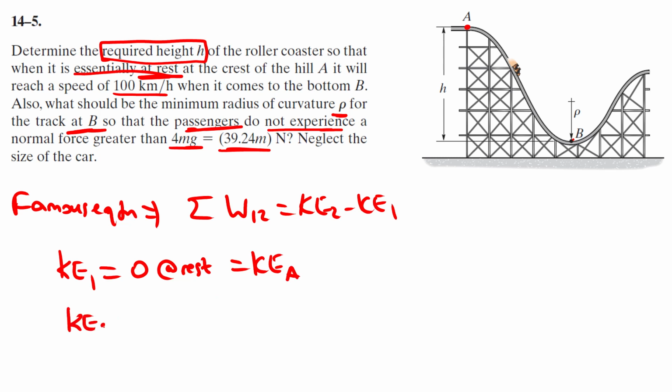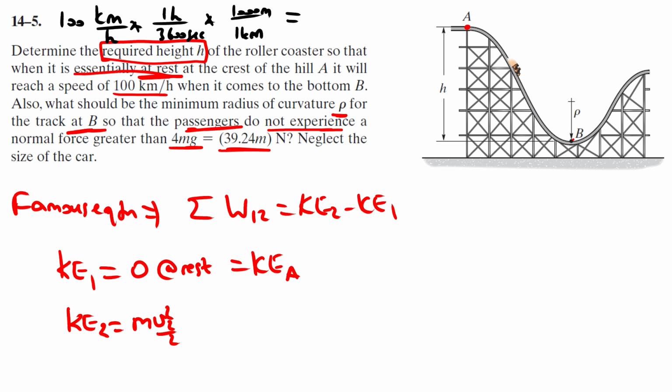And then kinetic energy at 2 will be equal to mv2 squared by 2. And then we have 100 kph. So it will be 100 kilometers per hour times 1 hour is 3600 seconds, and then 1 kilometer is 1000 meters.